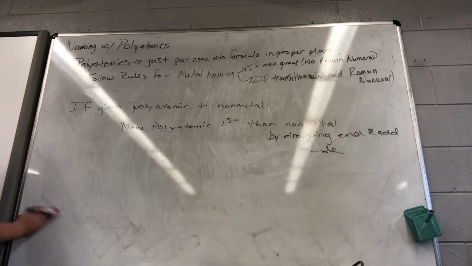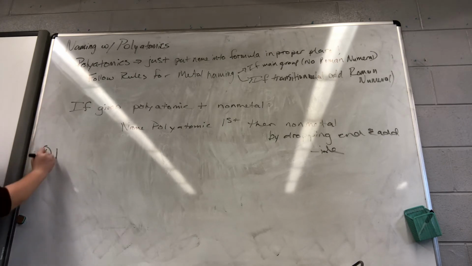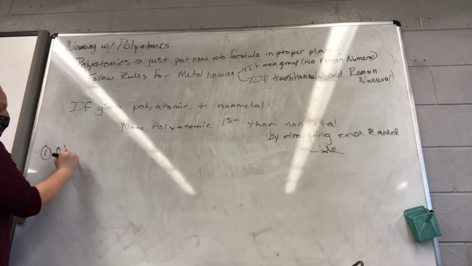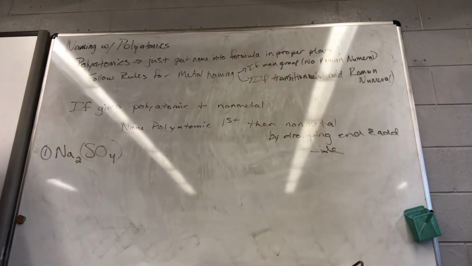Okay, so let's do some examples of each of these different ways that polyatomic ions can come into our lives. Way number 1. You're going to notice that I am very picky about parentheses with my polyatomic ions. I will put a parenthesis in there all the time. In this class specifically, I am very picky about parentheses with my polyatomic ions.